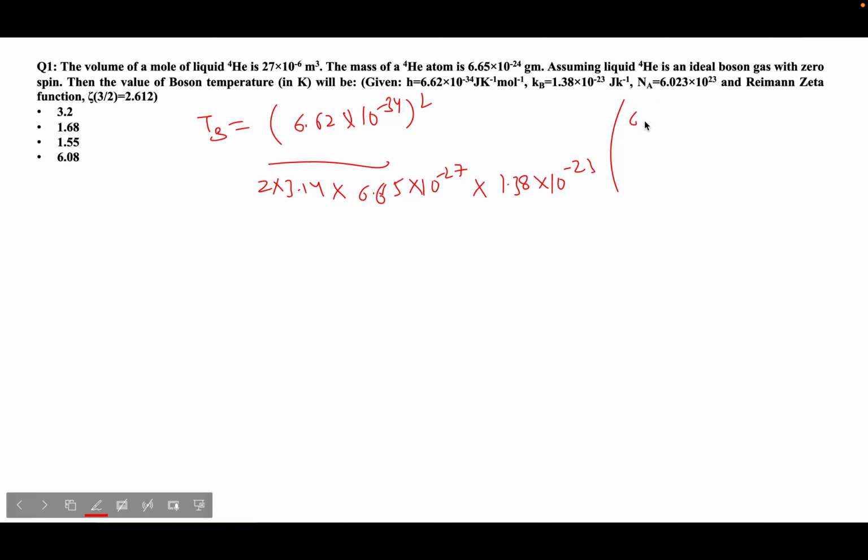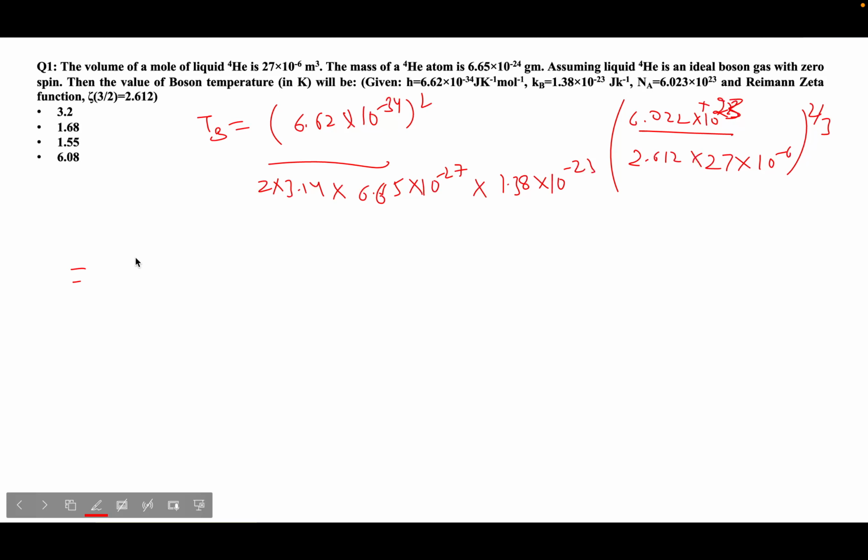This Tb is equal to 6.62 into 10 to the power minus 34 square, and 2 into 3.14 into 6.65 into 10 to the power minus 27 into 1.38 into 10 to the power minus 23 and 6.022 into 10 to the power 23. This is plus, and this Riemann zeta function 2.612, and this volume 10 to the power minus 6 to the power 2 by 3. So we need to calculate this.